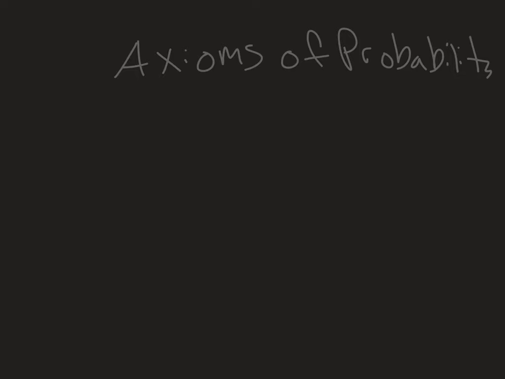So a couple of axioms. Remember, axioms are things that can't necessarily be proven, but they're things that are generally understood to be true. So, a little notation for you here before we begin. This P of A would be the probability of whatever A is happening.